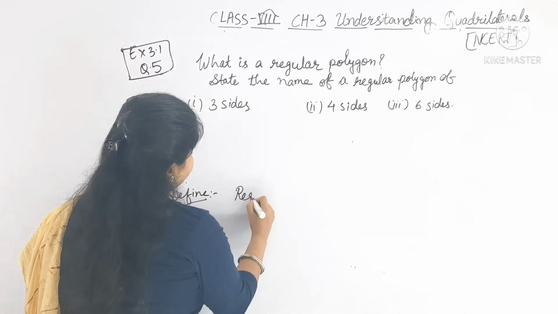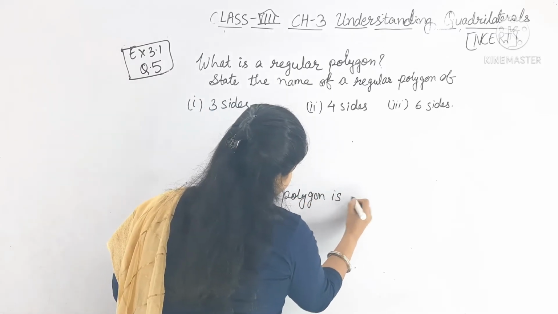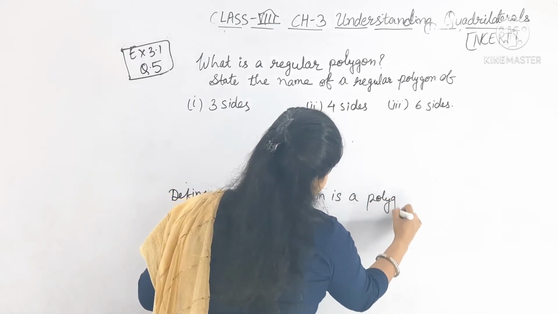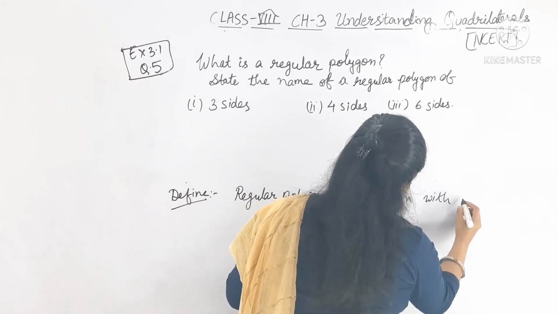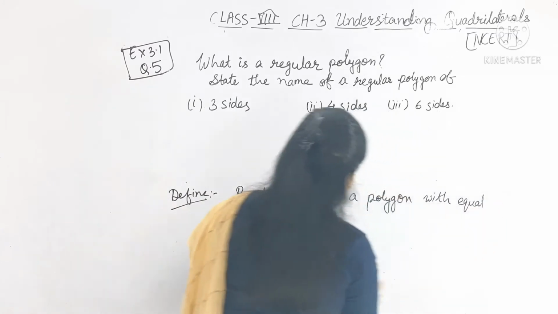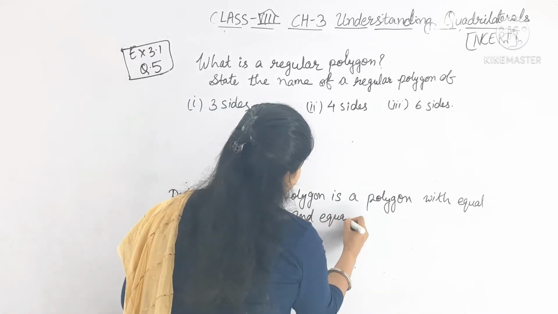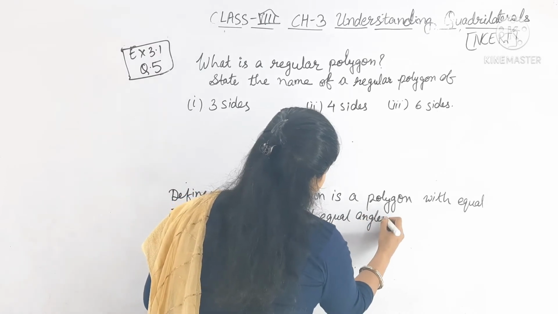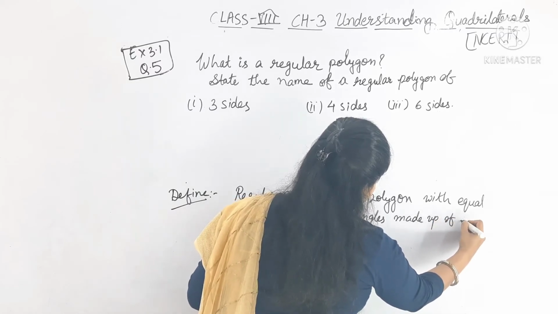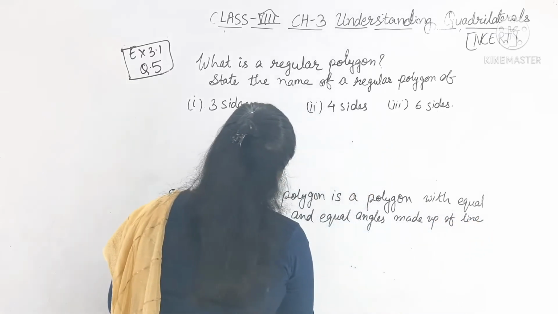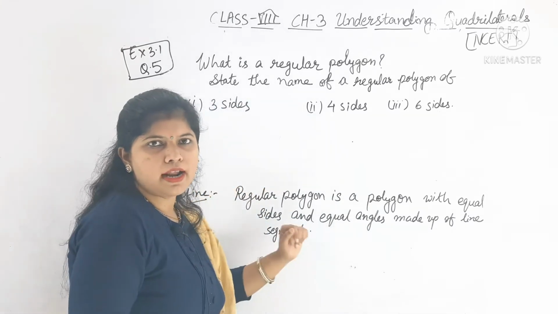A regular polygon is a polygon with equal sides and equal angles, made up of line segments. This is the definition for a regular polygon.